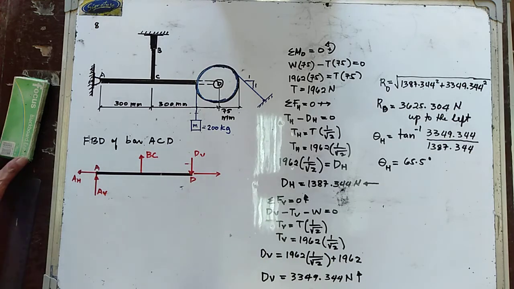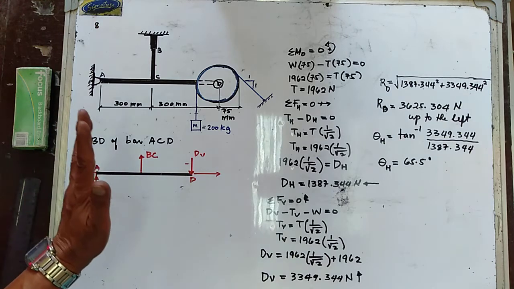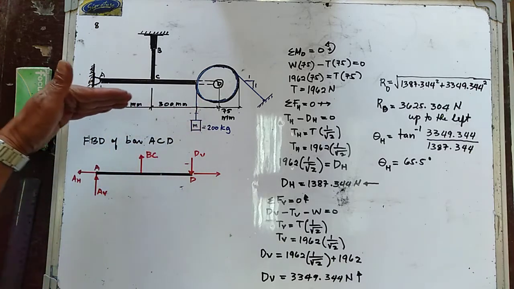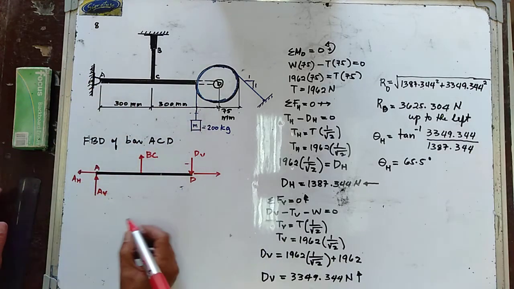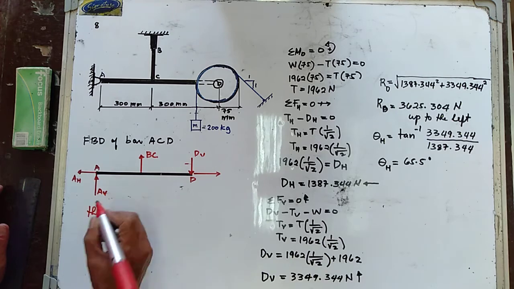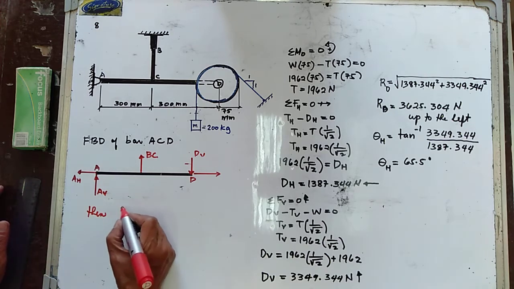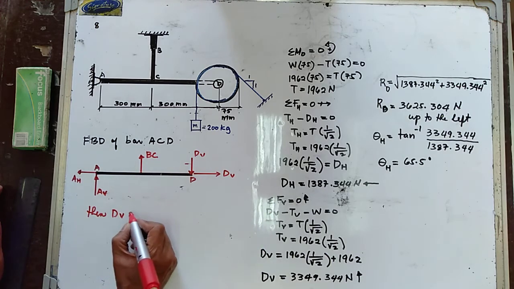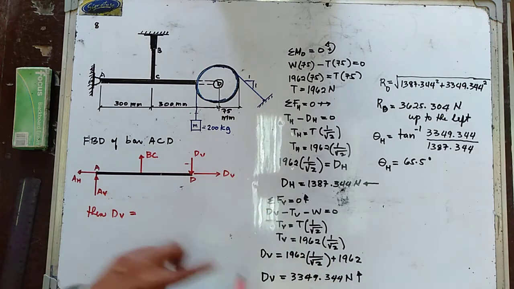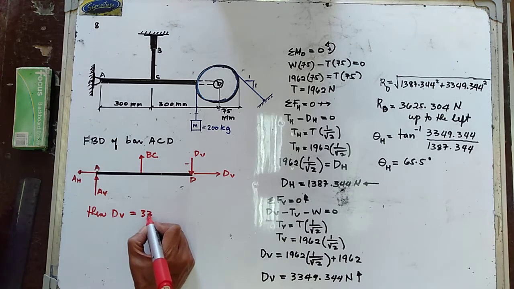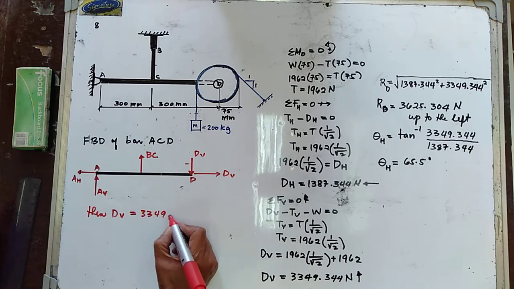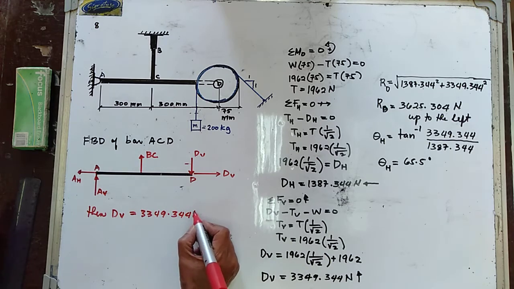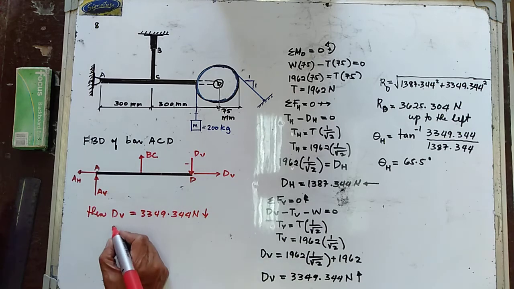So this is now your point D. Since we are required to determine the reaction at point D in bar ACD, you try to take note that your D vertical is now equal to 3349.344 newtons, and that is going downward.